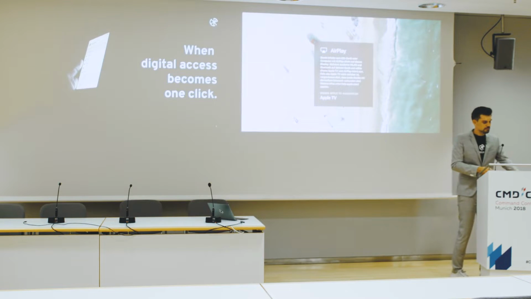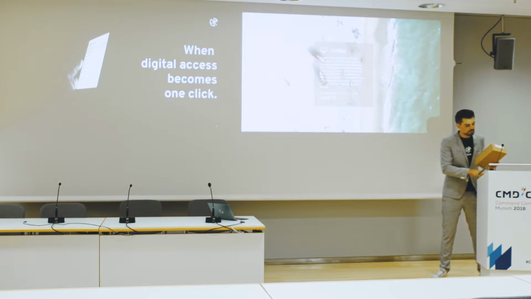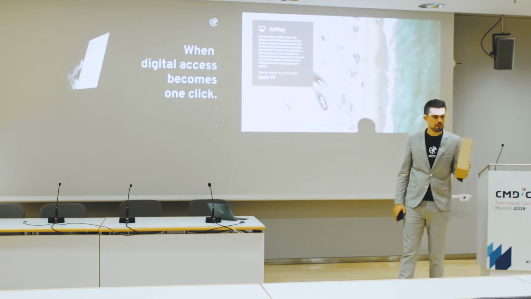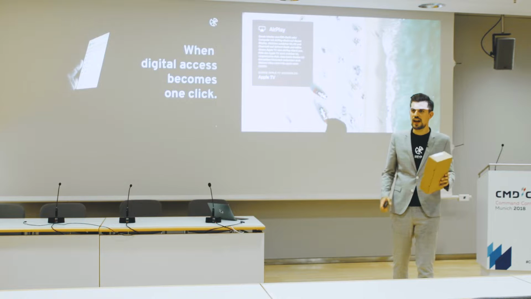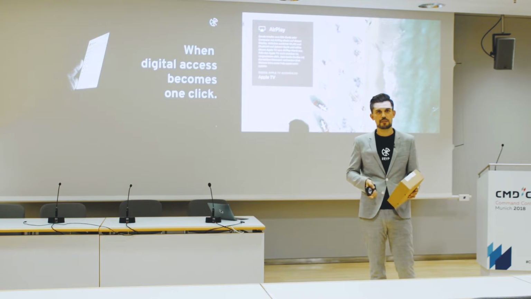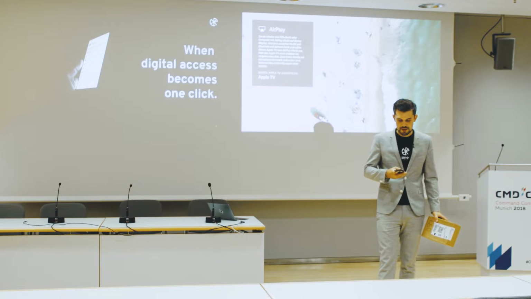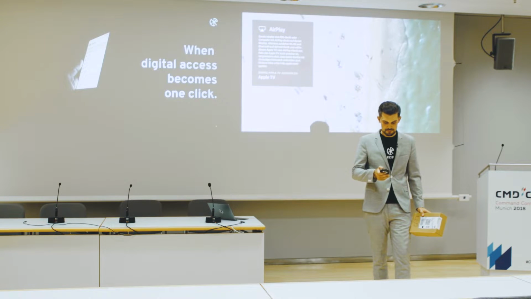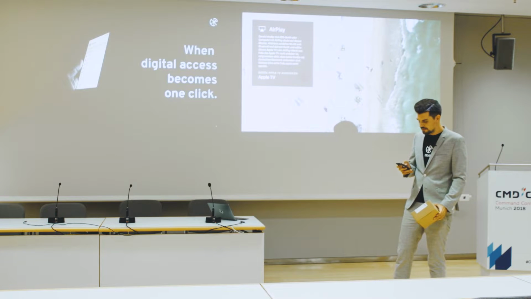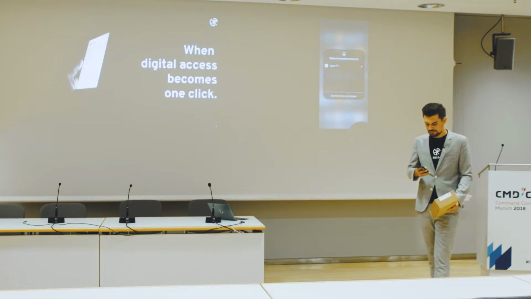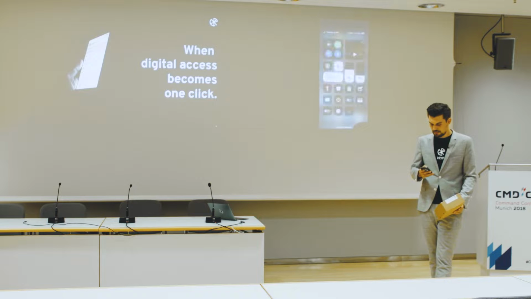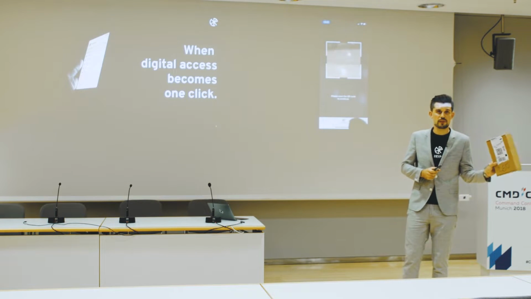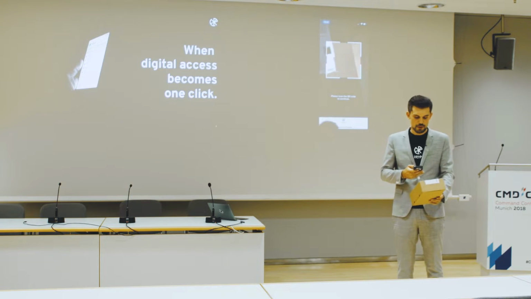So we have an example. Let's assume I receive a package. If I want to get this parcel, I normally have to give a signature to identify myself. With Keyp, I can now just use an app where I scan the QR code which is printed on the parcel from the post.